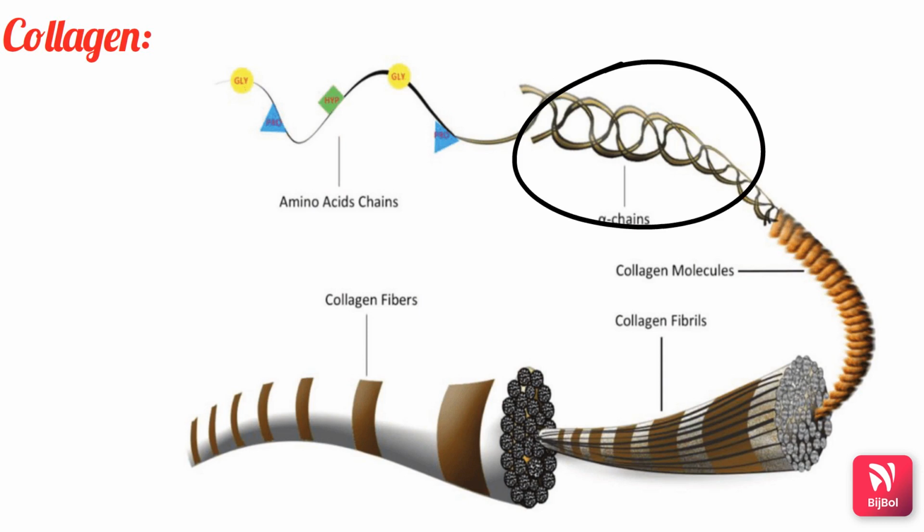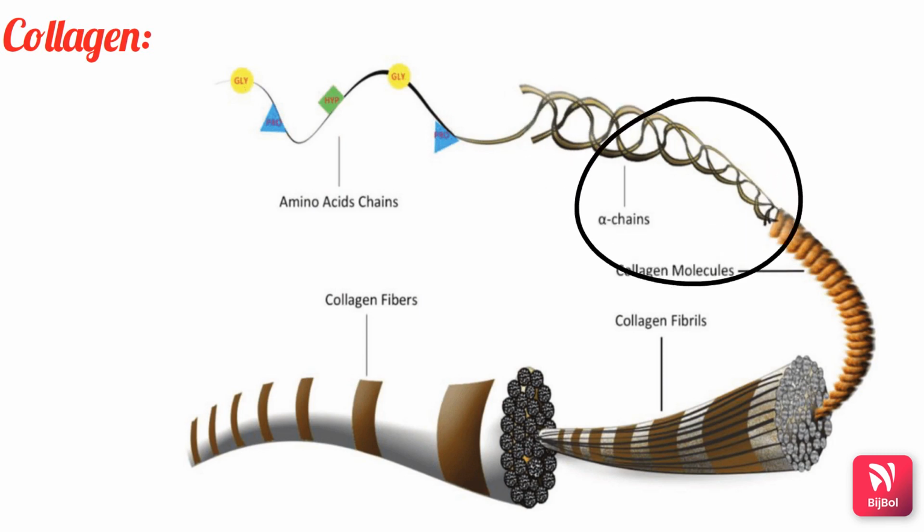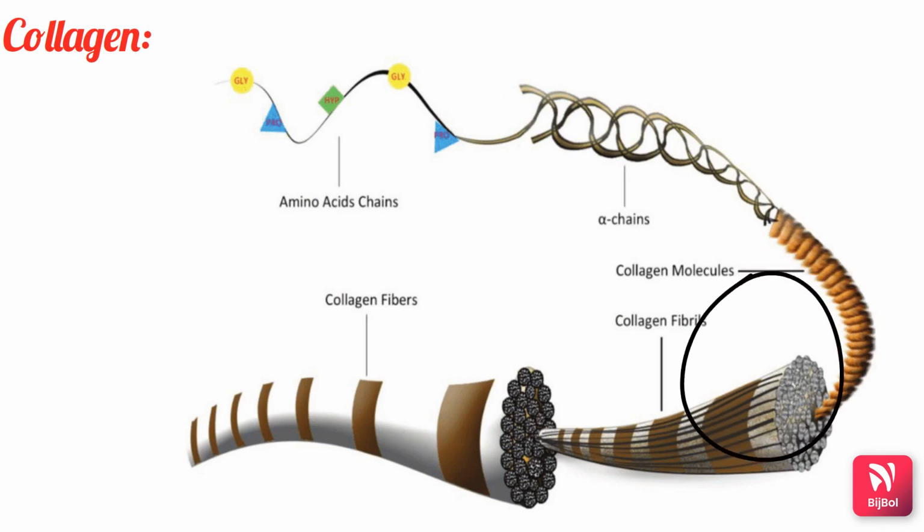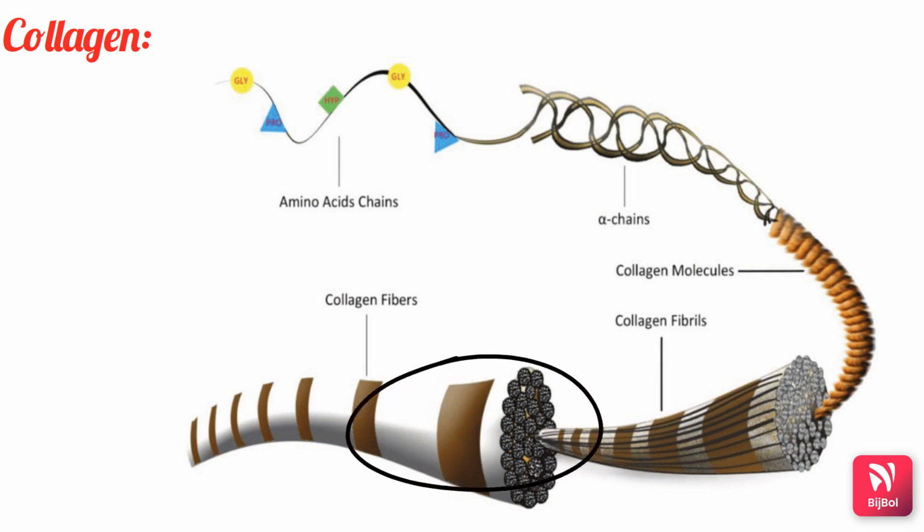like this. So many of these alpha chains bind together to give rise to pre-procollagen and procollagen molecules like that. So these procollagen molecules again bind in a periodic manner, resulting in the formation of collagen fibrils. And these collagen fibrils again bundle together in a characteristic periodicity.